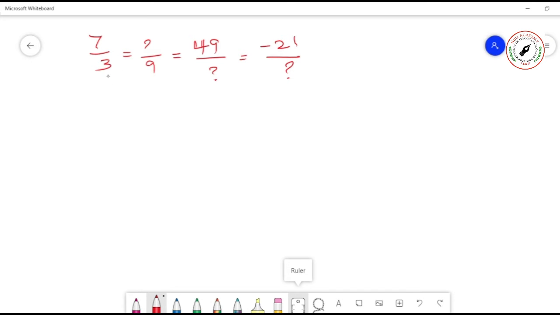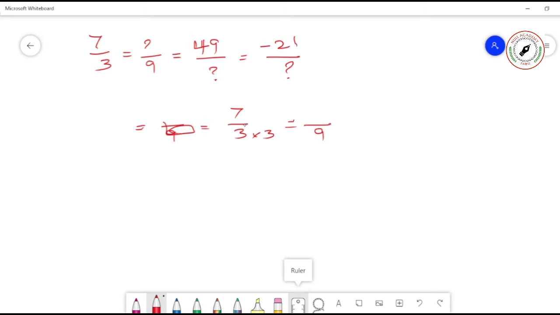How many times do you have to multiply to get 9 here? You are multiplying with 3, no? 7 by 3 into 3, you are getting 9.